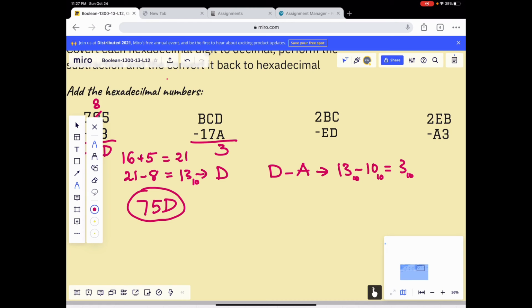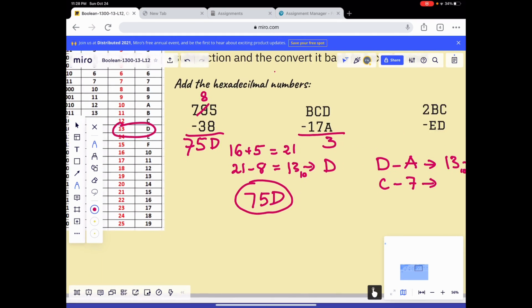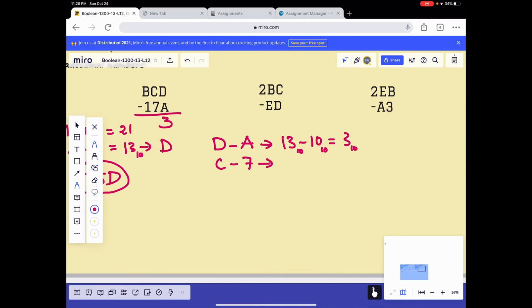The next one is C minus 7. Convert from hexa to decimal. Letter C is 12. So write out 12 minus 7 equals 5. So write out 5. And B minus 1.